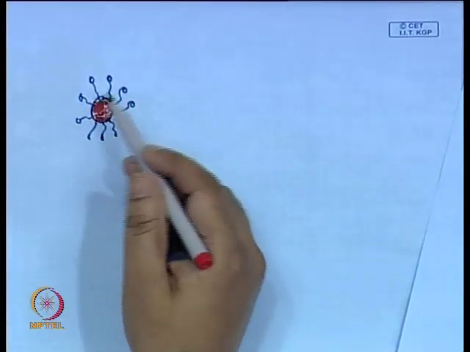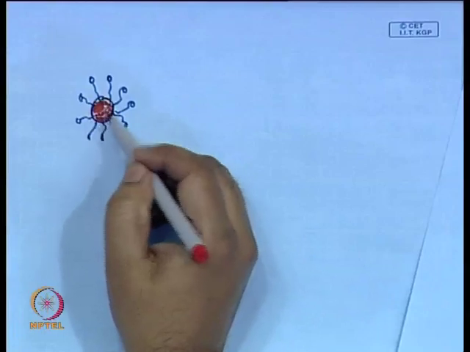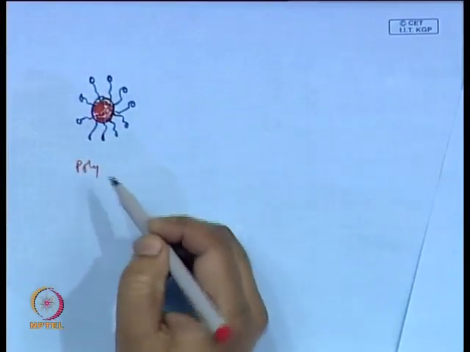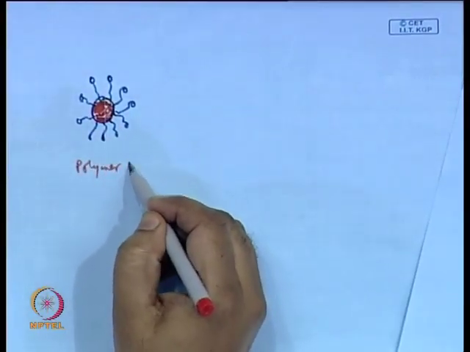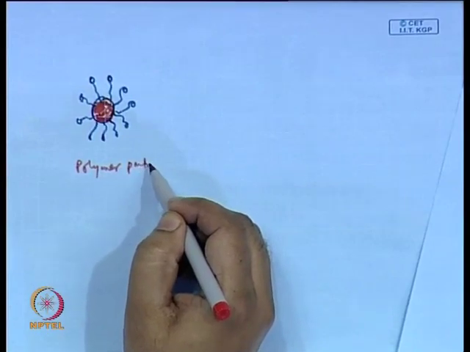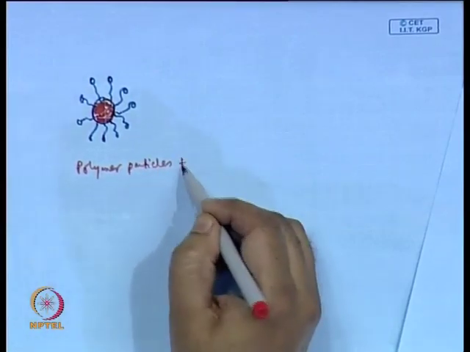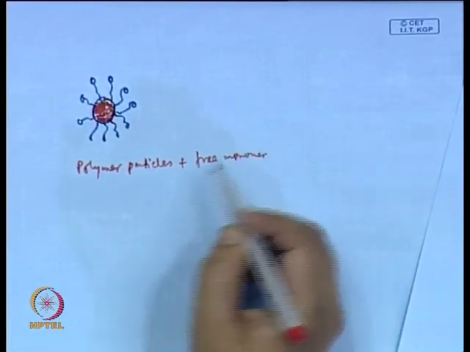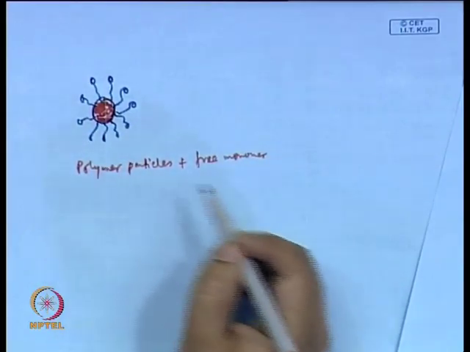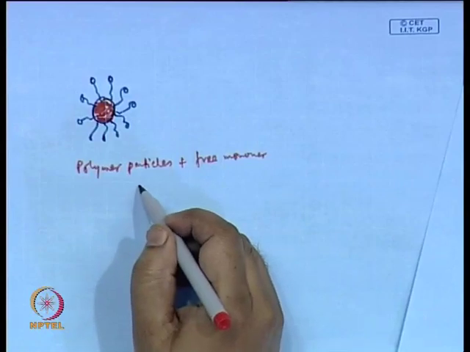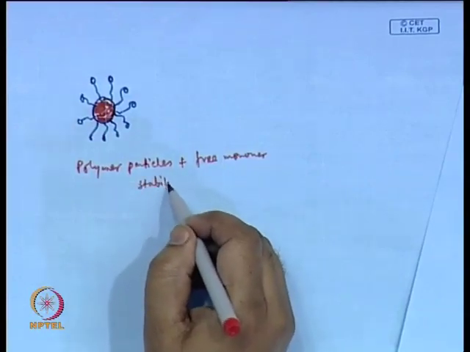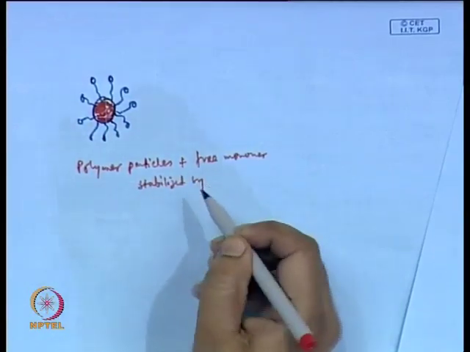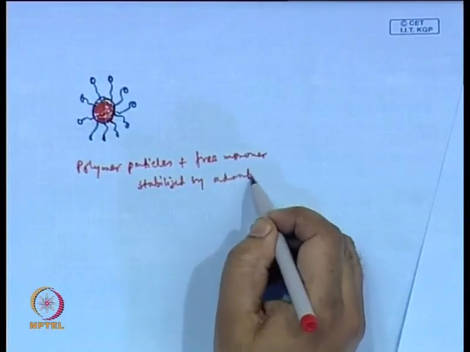Now, you cannot call this a surfactant micelle anymore; basically now you have to name it a polymer particle plus free monomer, stabilized by adsorption of surfactant.